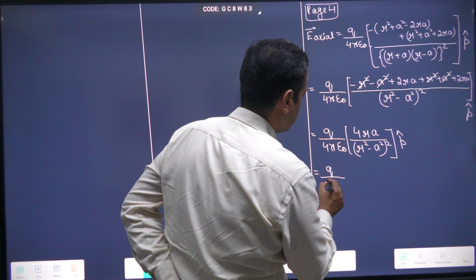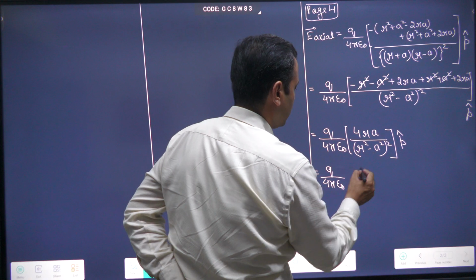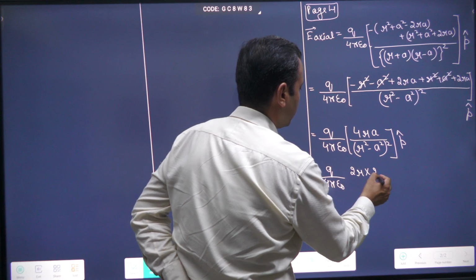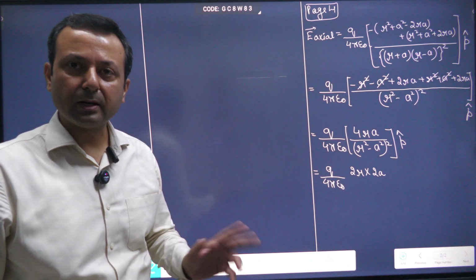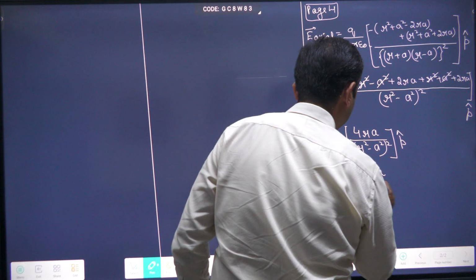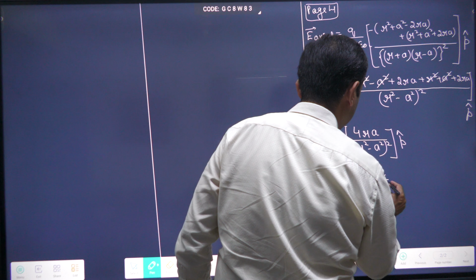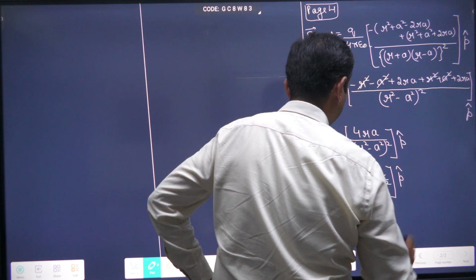Now we will do it like this: q upon 4 pi epsilon naught and 4ra. We will write it like this: 2r into 2a. We can write 2r into 2a is 4ra upon r square minus a squares whole square and p cap.